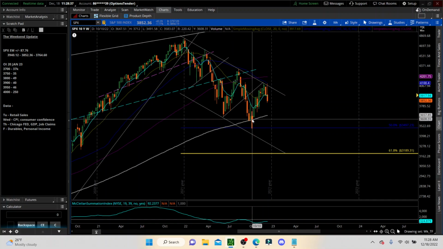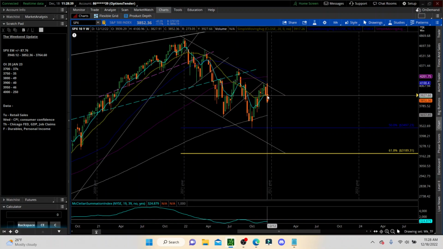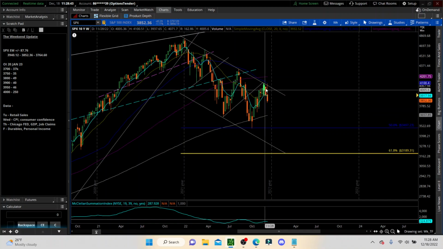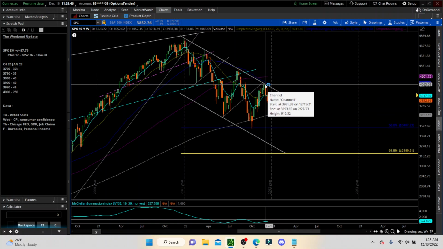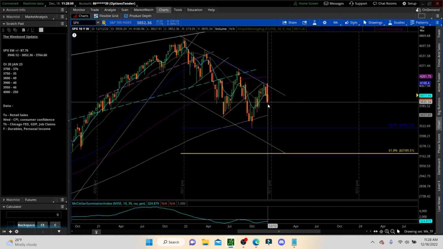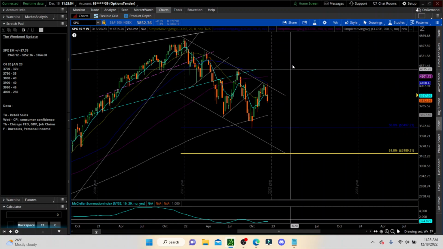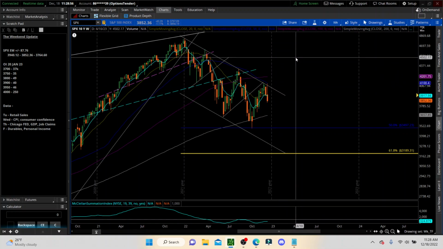Now the bulls, they're not dead yet. We made a low and then a high, and it's possible we could make a higher low here and then continue to the upside and break this downtrend. That would be the bullish scenario.